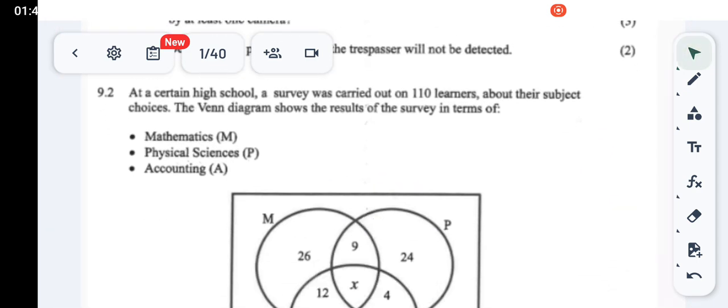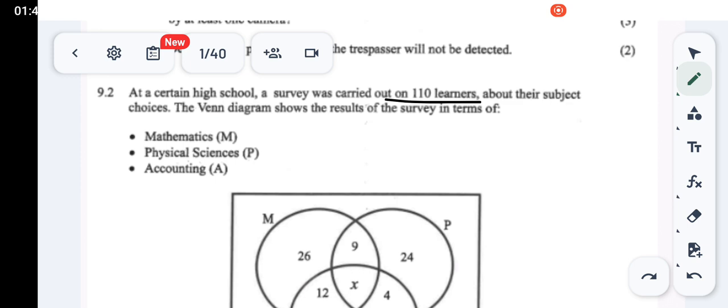Okay, Venn diagram. At a certain high school, a survey was carried out on 110 learners. That is the sample space. 110 learners, the total number of learners.